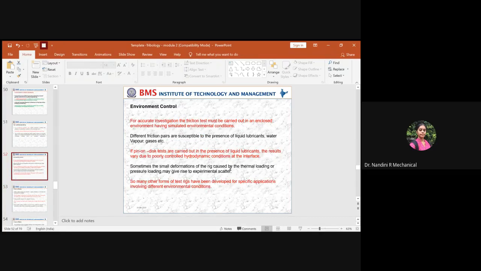The next aspect I mentioned is the measurement method. How do you select it based on environment control? I said that the values of the coefficient of friction or any other friction parameter are directly affected by our external environment. So an accurate investigation for a friction test must be carried out in an enclosed environment that simulates the environmental conditions.